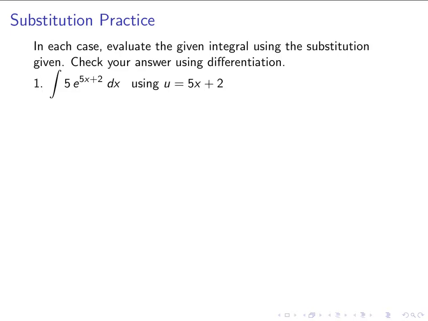So here's the idea. We'd like to replace a compound expression like 5x plus 2 with a simple expression like u. We want to be able to do that. And so in this case, this would just be 5 times e to the u dx.